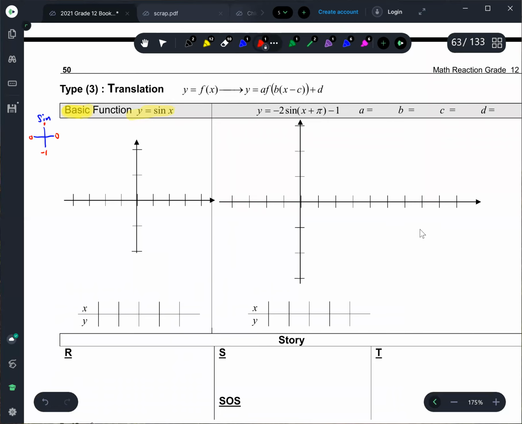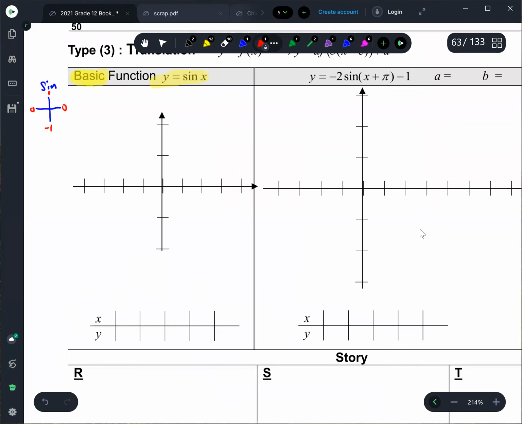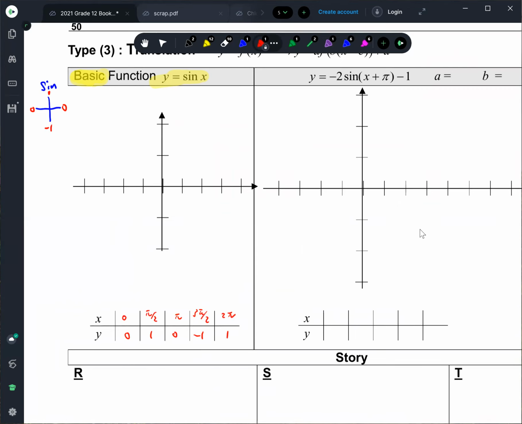So you remember the points. So it'll be starting from 0, 1, 0, -1, 1. That's the basic. For the x values, it's always the same. Okay, the basic is 0 power 2 pi 3 power 2, 2 pi. Right, so I'll let you draw the basic graph first.